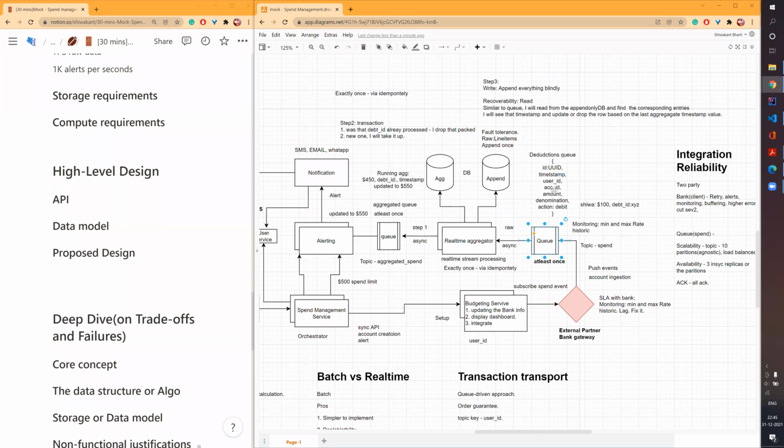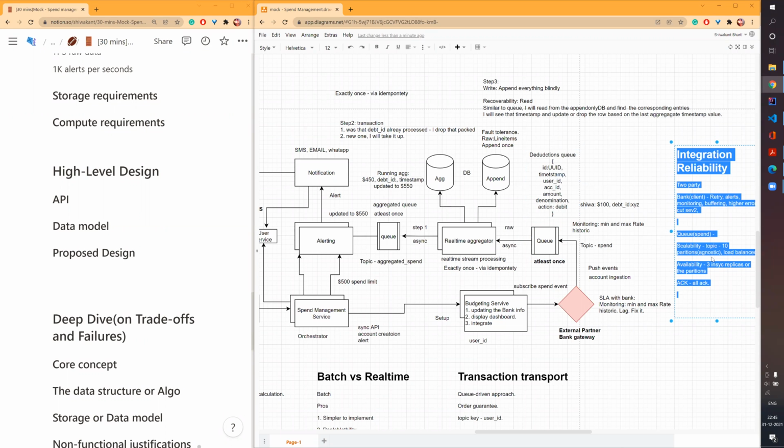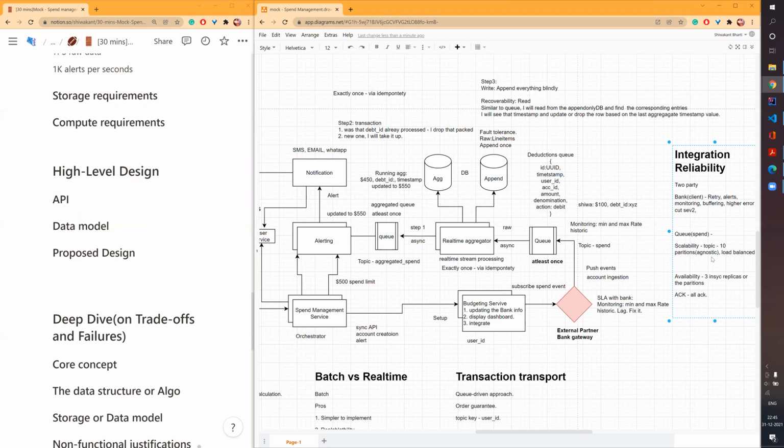Maybe based on UUID, so it is not truly agnostic, but deterministic. Or even better, the partition key will be based on a hash of user ID.